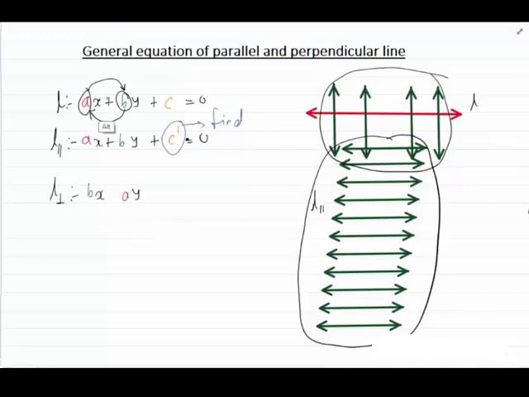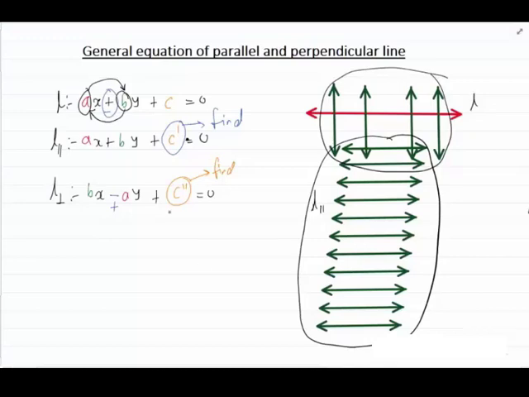And we also have to change the sign between the x and y terms. If it is plus, we have to place minus. If it is minus, we have to place plus. And still we have to find the constant term from the condition. So this is the general equation of a line perpendicular to the given line.